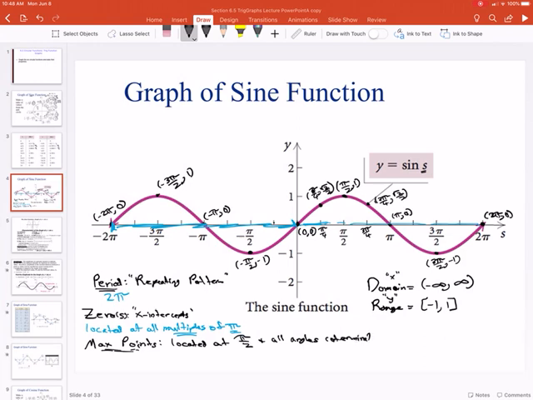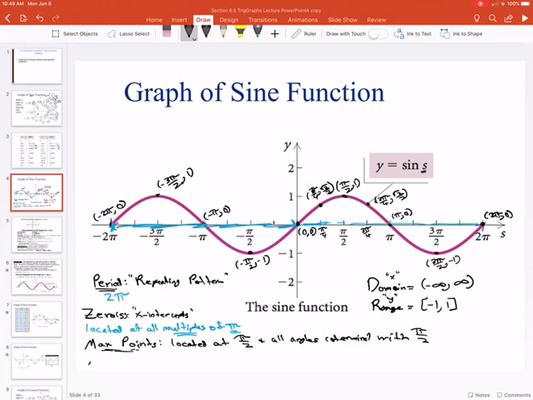Now remember, how do we find coterminal angles? We add or subtract any multiple of 2 pi. So pi/2, -3pi/2, which is pi/2 minus 2 pi. We could go over to pi/2 plus 2 pi, which would be 5pi/2. We'd have another max point. Those are your max points.